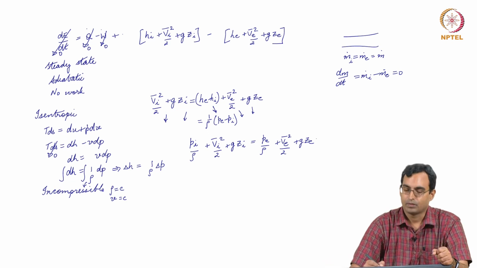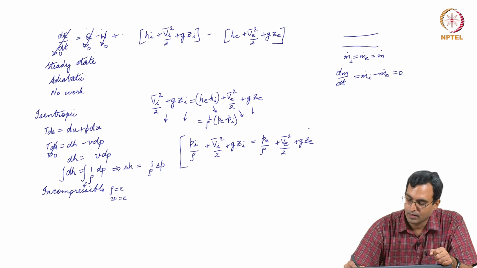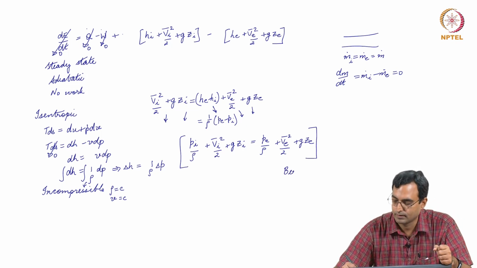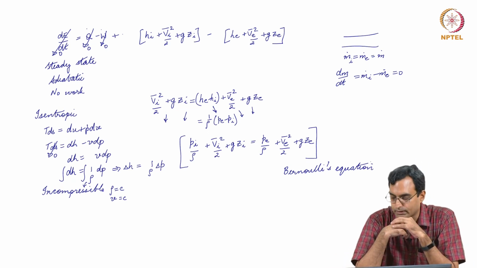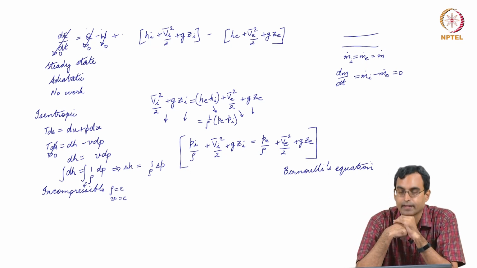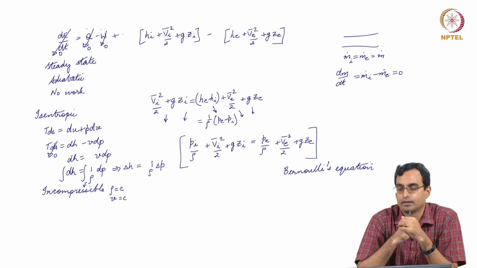which is an expression which we often see, which is called the Bernoulli's equation, which connects the pressure terms, or the pressure head as we call it, the kinetic energy and the potential energies.